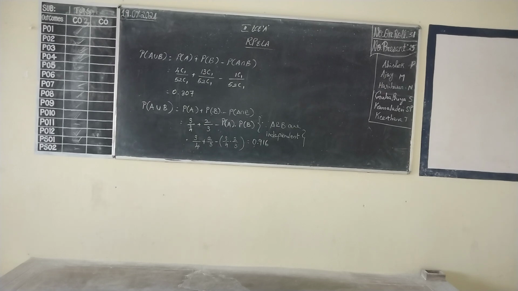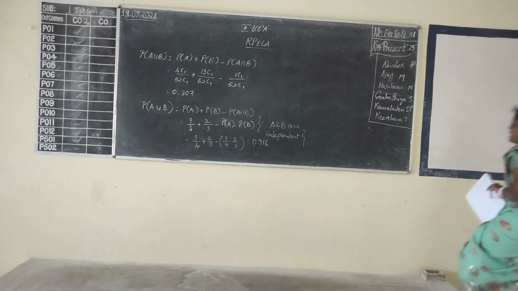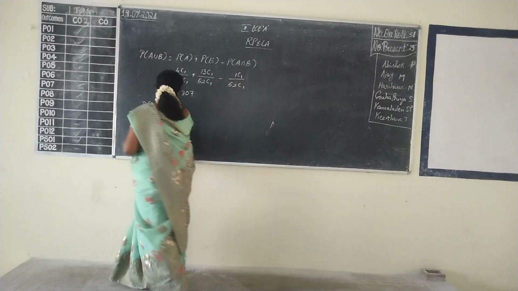The probability of A's selection is 1 by 3.